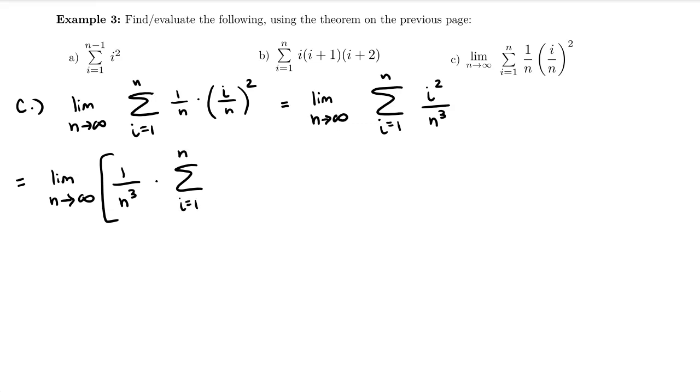But what's nice is if we factor out 1 over n cubed outside of our summation, we're left with the sum from i equals 1 to n of i squared. And we have a formula for that using that theorem that we saw earlier.